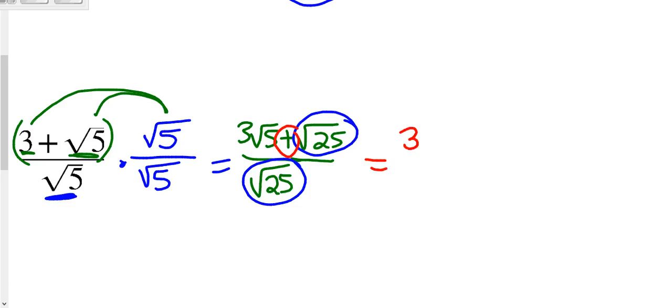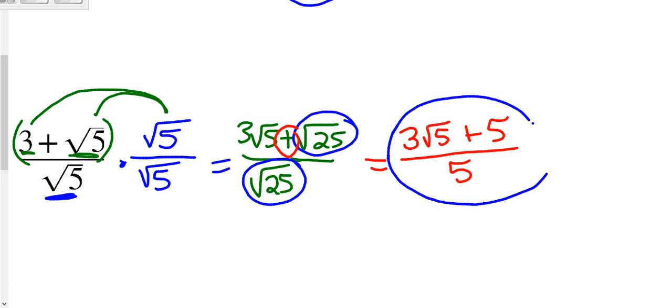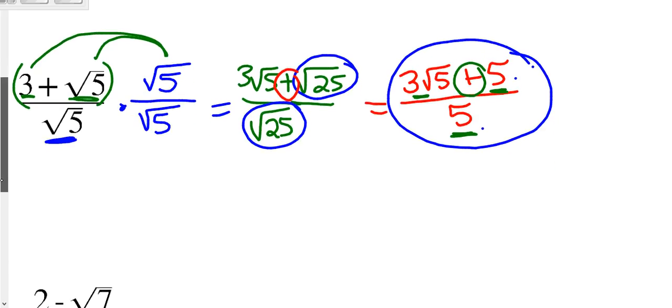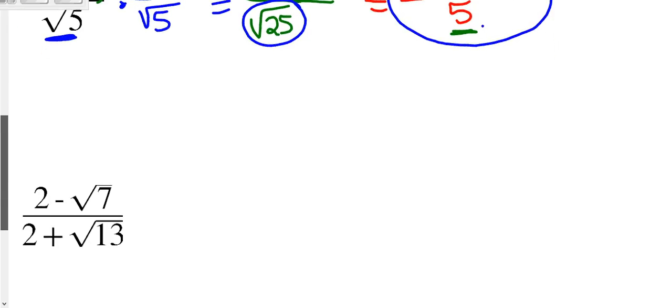So finally, we have 3 square root of 5 plus 5 over 5. And this would be your final answer since we no longer have a square root in the bottom. You cannot cancel out these 2 5s because the 5 on the top is glued together with that plus. That plus means that it cannot move. If you wanted to divide this 5, there would have to be a whole 5 here and here. But since there is not, you cannot divide it. You cannot break up the fraction like that.